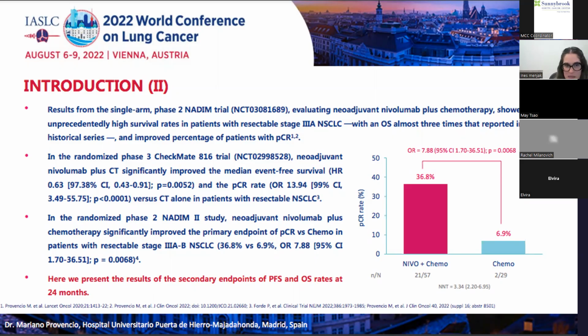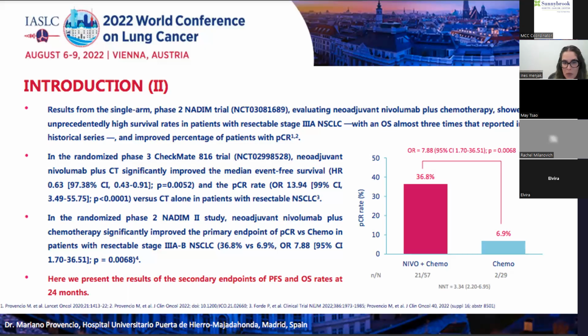Then the CheckMate 816 trial was published, a phase 3 that also showed improvement in median event-free survival and PCR. The NADIM-2 phase 2 was a randomized trial with 2 arms that compared neoadjuvant nivolumab and chemotherapy to chemotherapy alone in patients with resectable stage 3A to B non-small cell lung cancer.